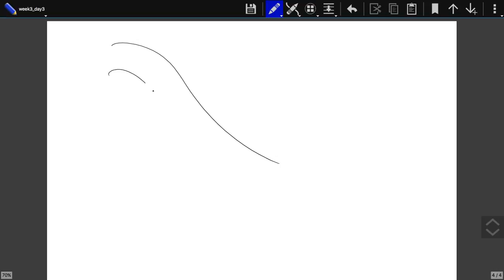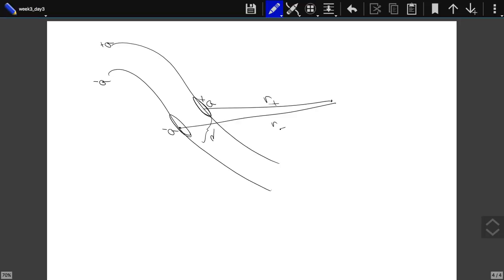Maybe you can write it, or if you want, you can see it. So we have the plus sigma, minus sigma. We take some area over here, another area over here. Their separation is D. The charge density is plus sigma and minus sigma, and we look at the potential at that point. Let's call this one R plus, this one R minus.